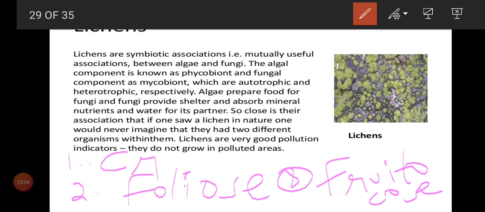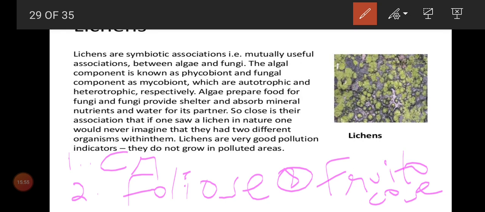So if the question in your competitive exam is to give an example of branched lichen, you should go for fruticose. So crustose is firmly attached to the substratum. Foliose is leaf-like, and we can see root-like structures, a little bit advanced compared to crustose. And fruticose is the well-branched lichen.